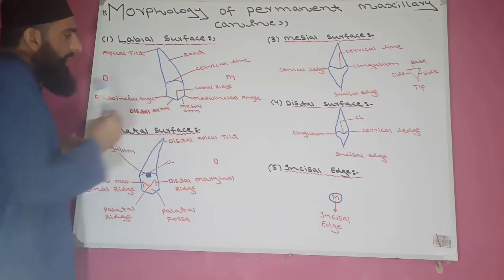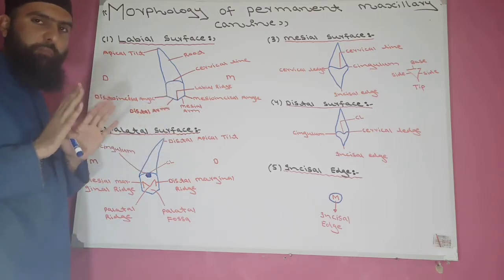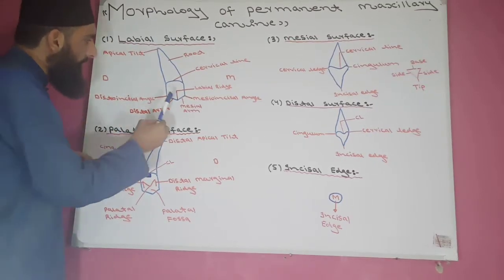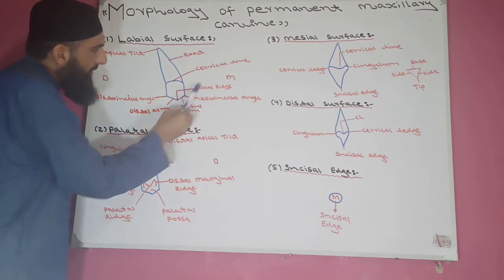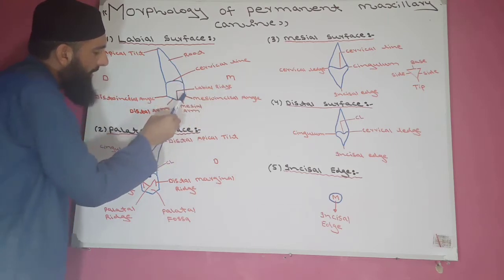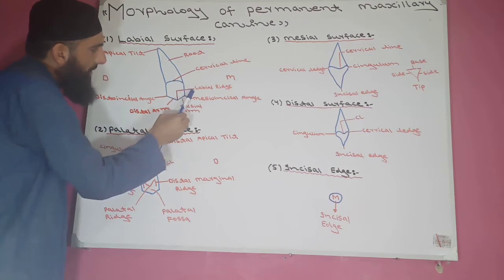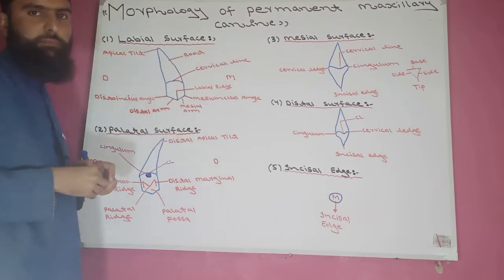On the crown and labial surface, there are 5 important structures. First, the incisal edge on the labial surface makes an angle with the mesial surface. This angle formed between the incisal and mesial surfaces is known as the mesio-incisal angle.